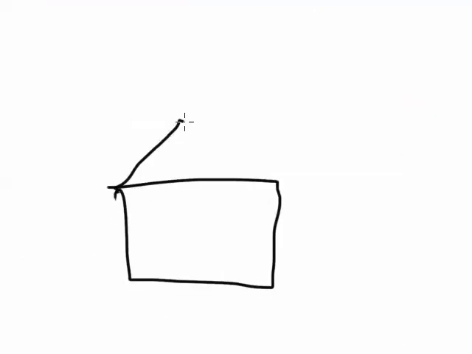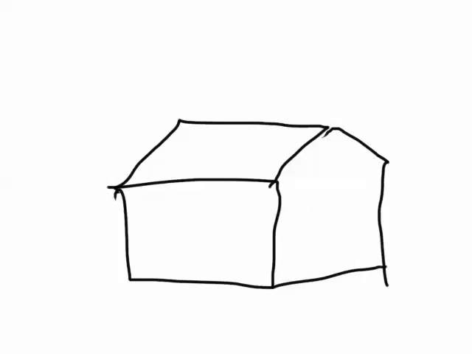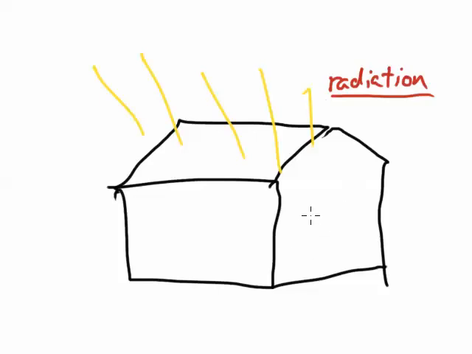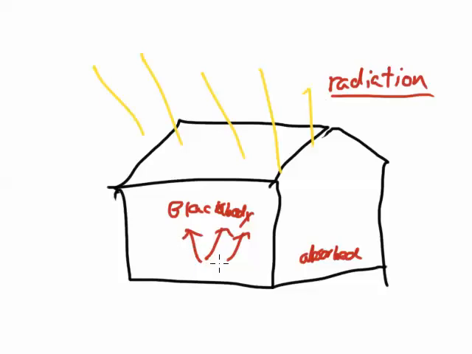Let's imagine a greenhouse. If I have sunlight coming into this area, then that is radiation, and it comes in, passes through, still radiation on the inside, and then it hits something, absorbed by the floor, and then the floor releases an infrared blackbody spectrum.